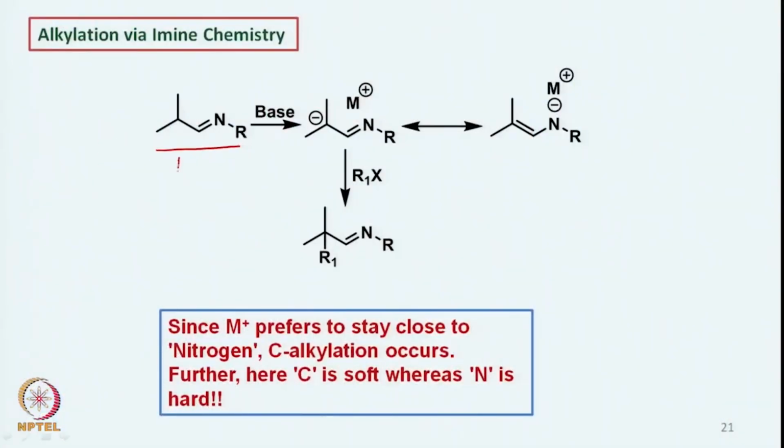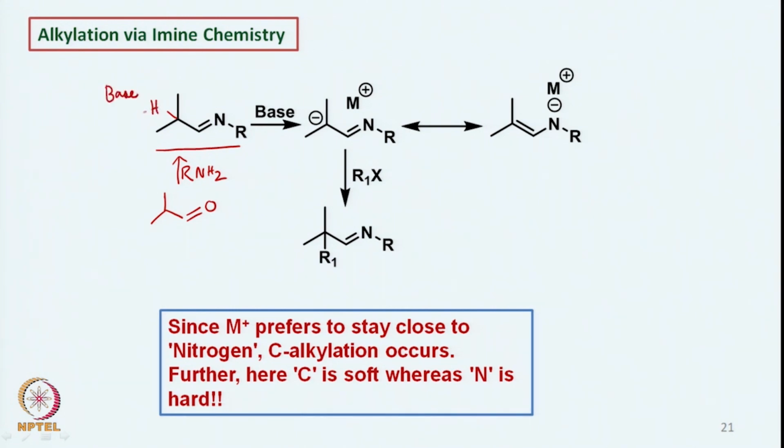Suppose we are in a position to make an imine of this type, say with a carbonyl group like an aldehyde. If we react with NH2 here and an R group here, then we can get the corresponding imine. Now we can deprotonate this hydrogen with a base.